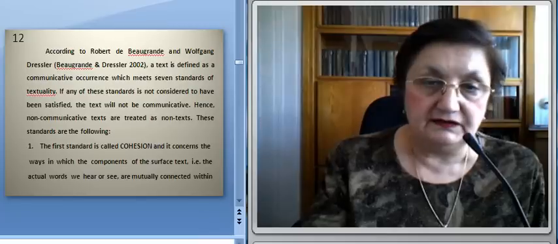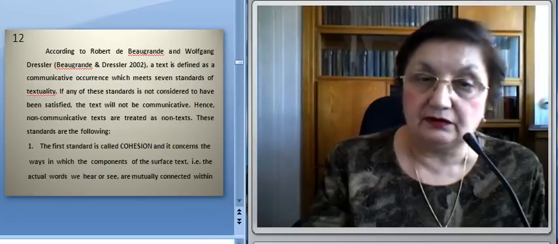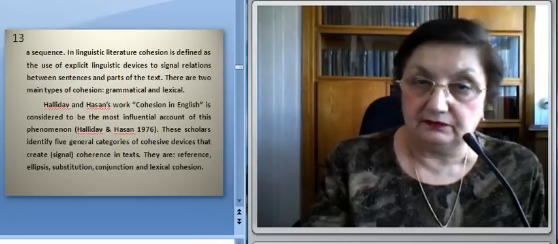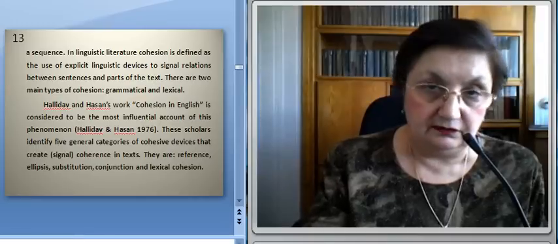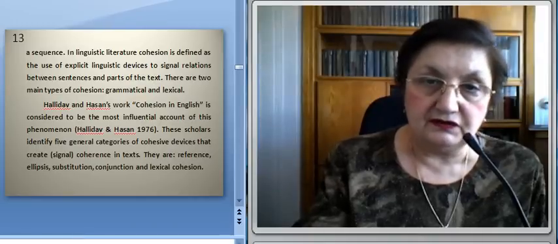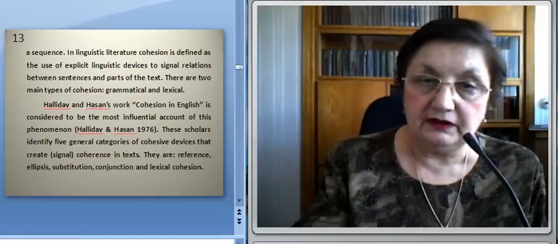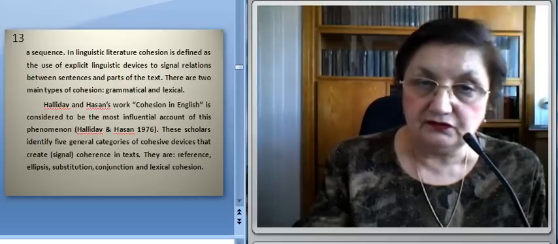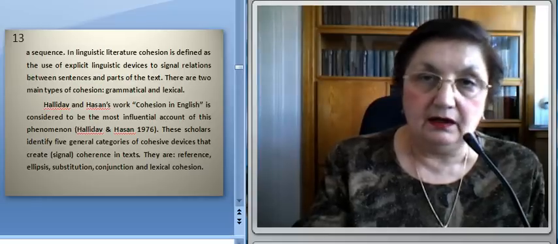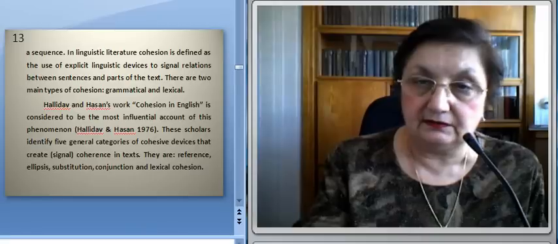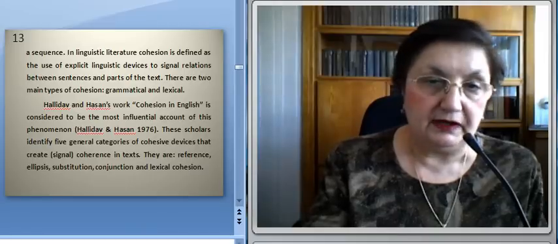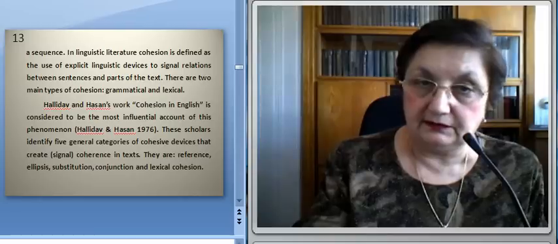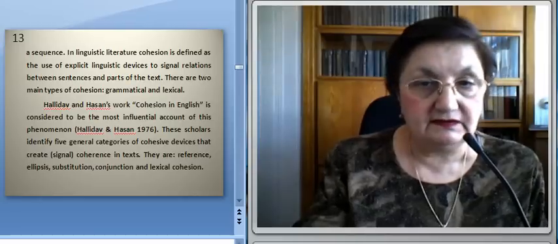In linguistic literature, cohesion is defined as the use of explicit linguistic devices to signal relations between sentences and parts of the text. There are two main types of cohesion: grammatical and lexical. Halliday and Hasan's work, Cohesion in English, is considered to be the most influential account of this phenomenon.